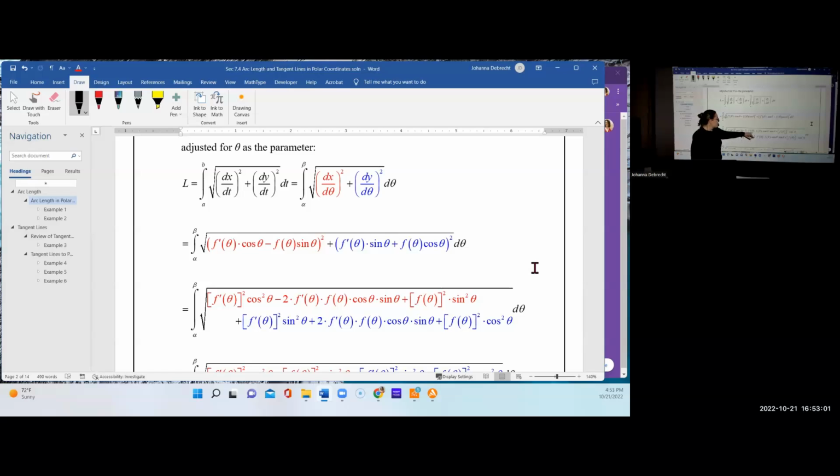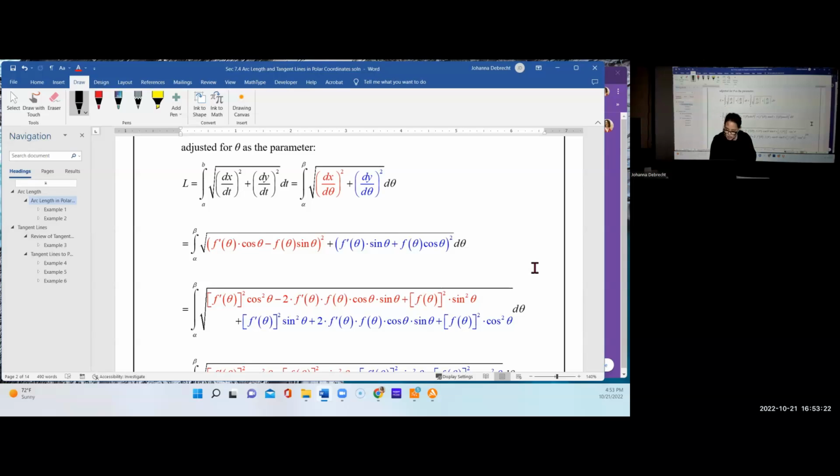So that gives us an f prime of theta, which is dr/d theta, times f of theta, which again is r of theta, cosine theta sine theta, plus, and then we square the last one. It was negative, but when you square it, it becomes positive. So you get r of theta quantity squared times sine squared of theta.